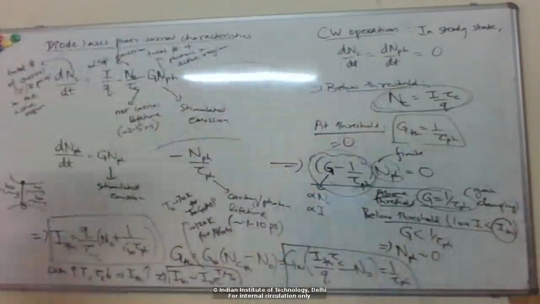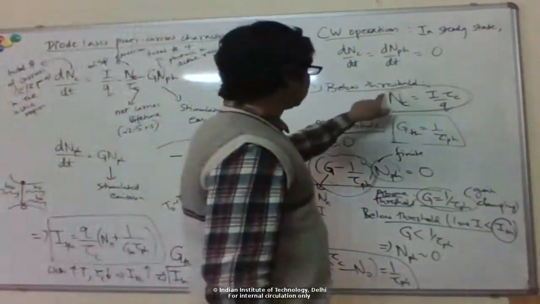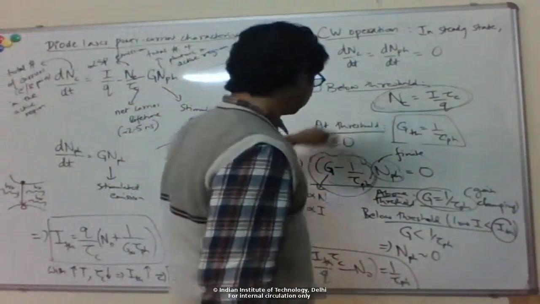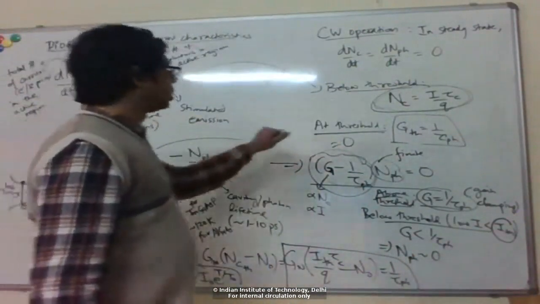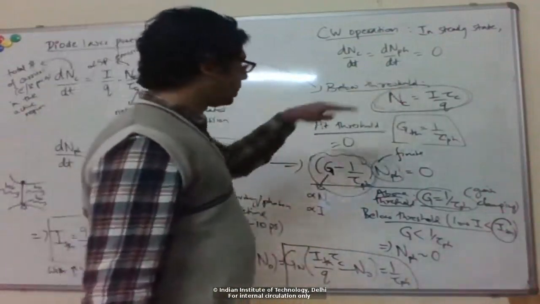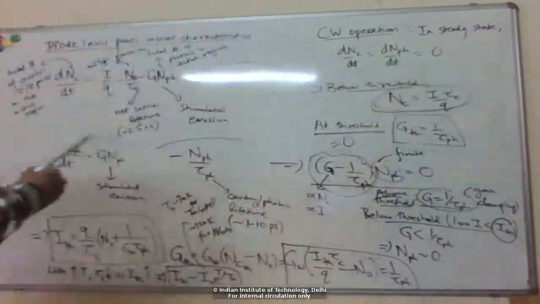So this is known as gain clamping. Below threshold, the number of carriers, which gives me G, increases linearly with the current up to the threshold, and after threshold it just gets clamped.